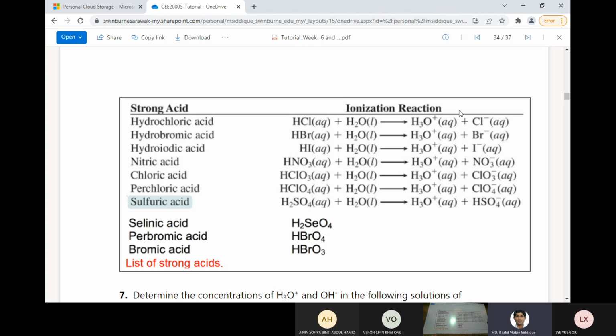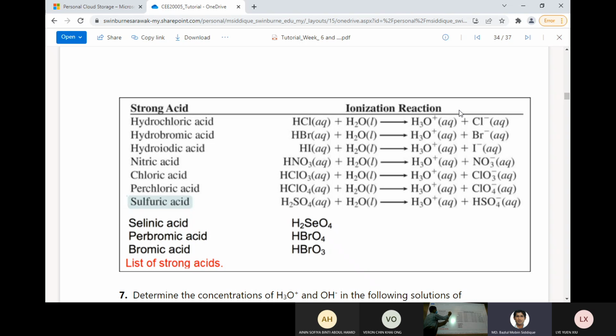Which one is more strong between these three? Can you tell me the order of their strength, increasing order? Which one is number 1, the highest strength, strongest among these three? This one?